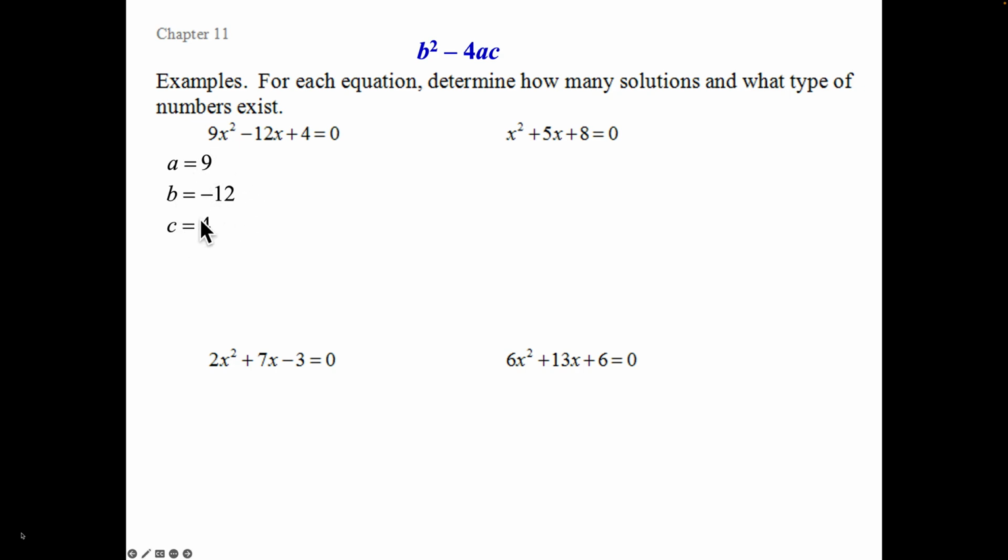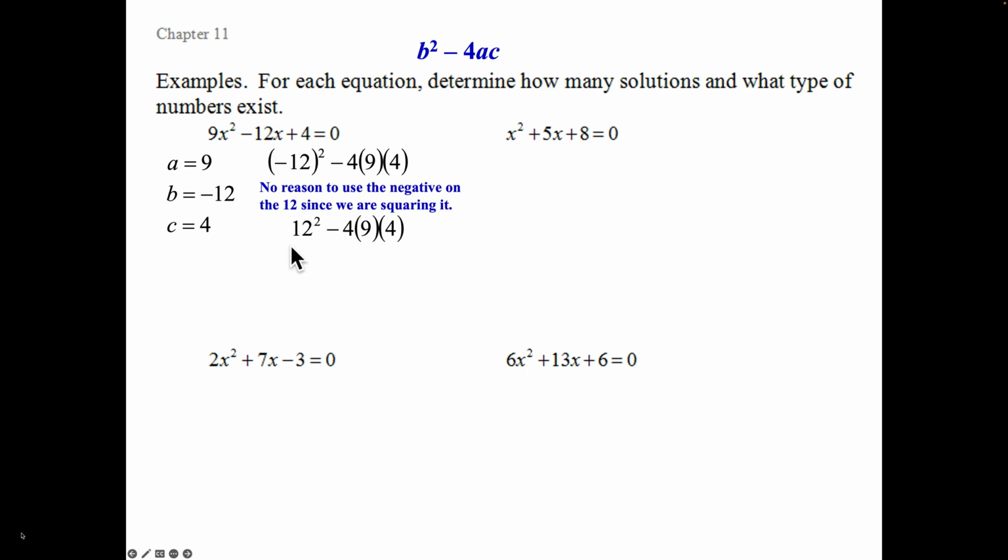Again, this is where I go to my calculator, and you might want to think about storing 9 store alpha a, negative 12 store alpha b, 4 store alpha c, and just type in b squared minus 4ac into the calculator. All right, again, I don't need to put the negative there, so let's get rid of it. Or if I use the b squared minus 4ac, when I'm typing in those variables, I don't have to worry about the negative either. So here we let the calculator do the work.